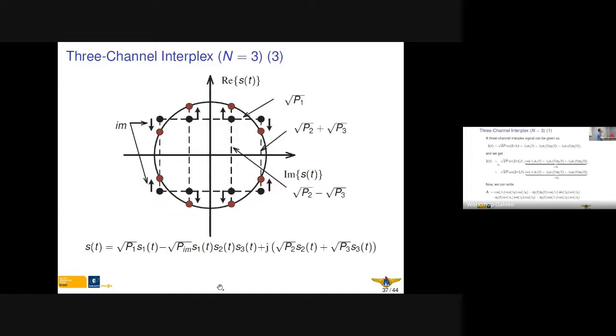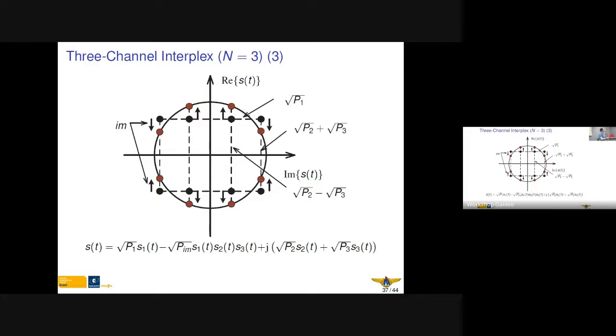We can now have a look at the constellation diagram. How does this look for a 3-signal interplex? This is again the complex baseband signal that we can look at in the complex domain, with the imaginary part on the x-axis and the real part on the y-axis.